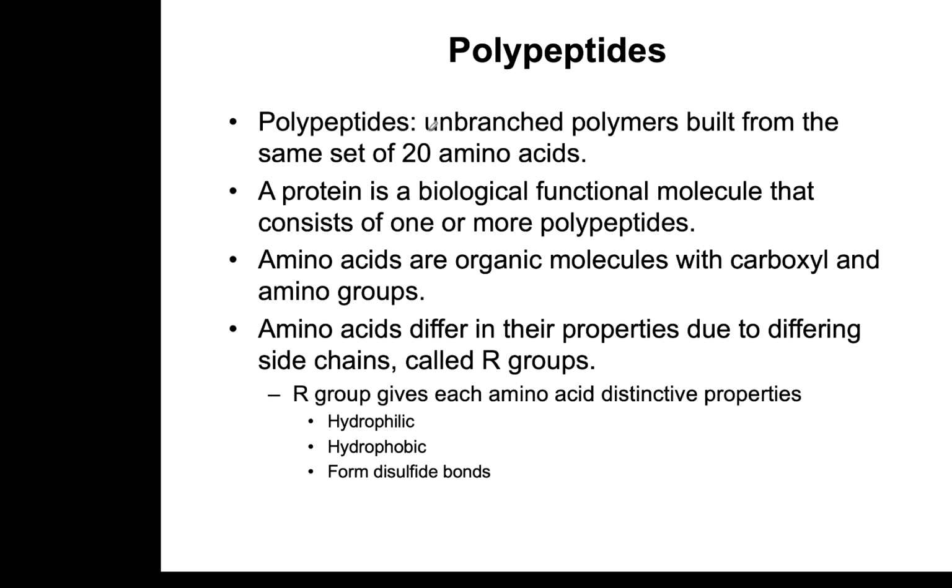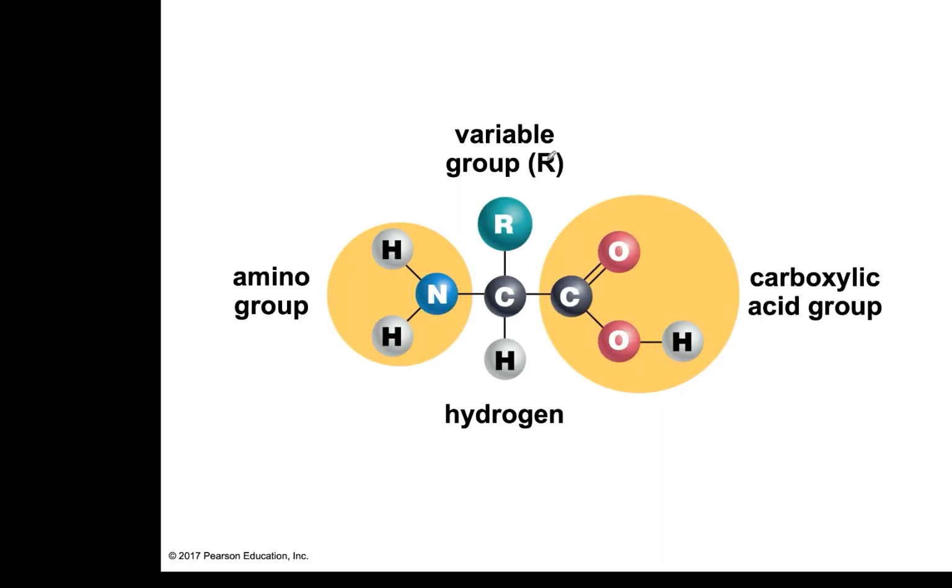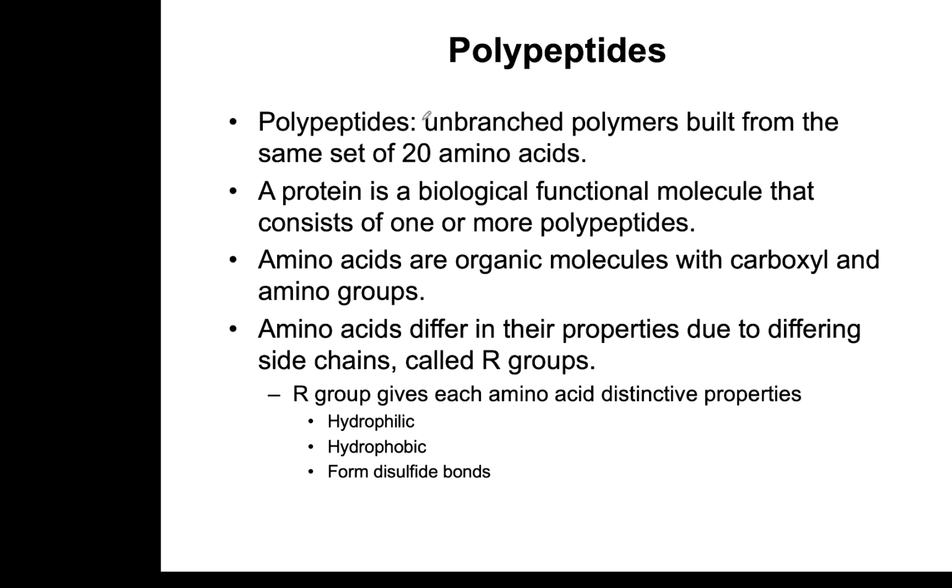Polypeptide is an unbranched polymer built from the same set of 20 amino acids. I told you just that there are 20 kinds of R group. When I introduce R, a variable group, there are 20 kinds of variable group in amino acids. That's why polypeptide can be built from the same set of 20 amino acids.